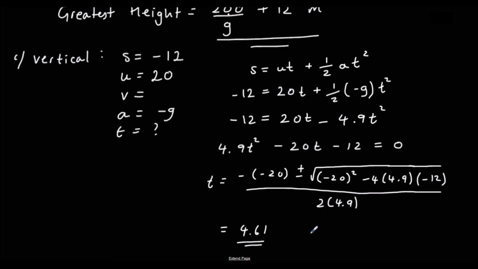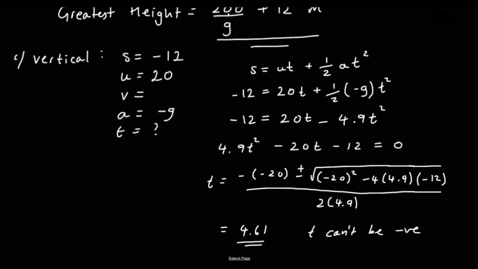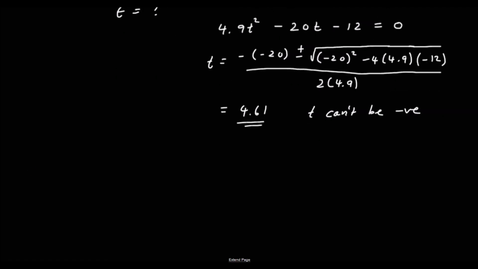So t can't be negative. So we've got a t of 4.61. I'll store that as a, just in case I need it. So the time is 4.61.